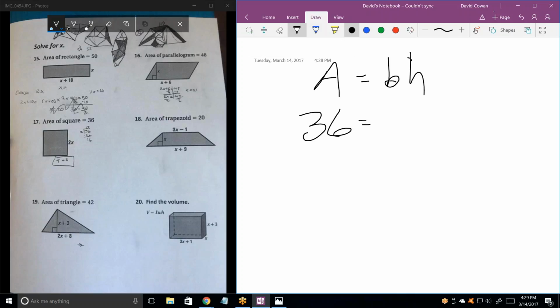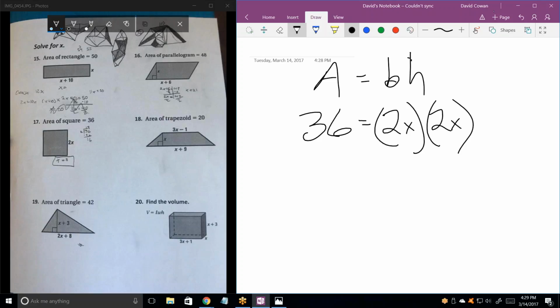That's the height. What's the base? Base and the height, so I got x equals 3. Well, the base is the same as the height because it's a square. In other words, the definition of a square is 4 equal sides. So if they're telling us the height is 2x, then the area is 2x times 2x.